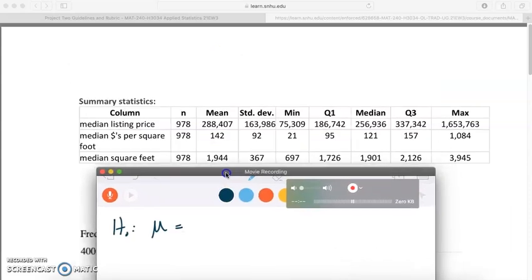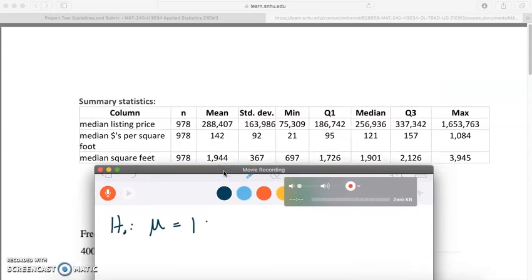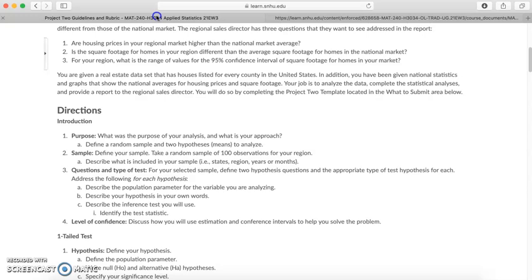Here we have 1944. And then our alternative, we want to know if it's different. Not that it's less than or greater than, but different than 1944. So that means we're looking at a two-tailed test. Okay?